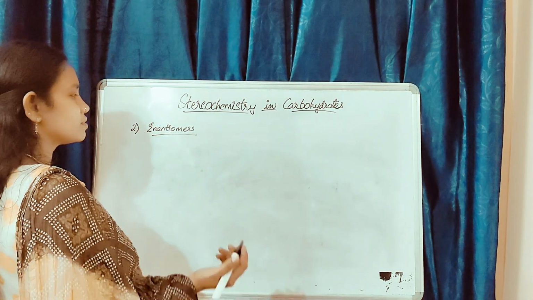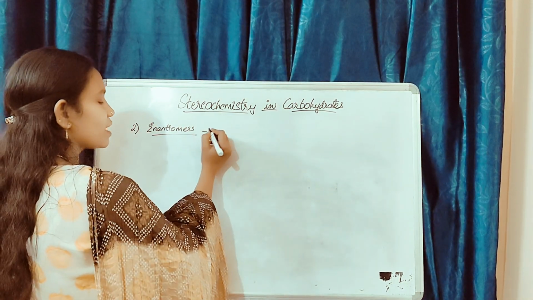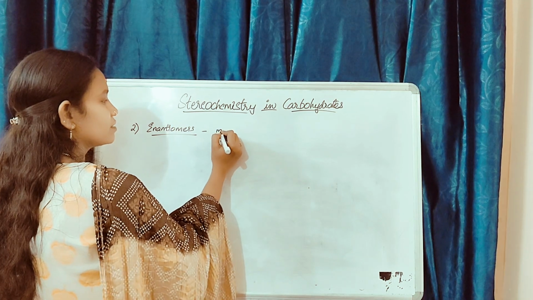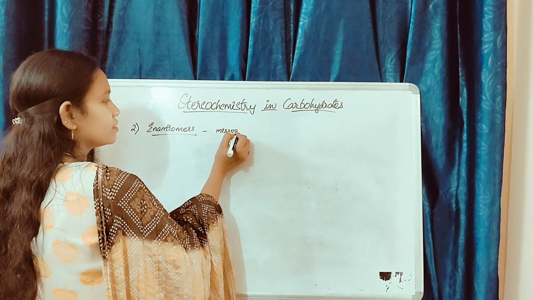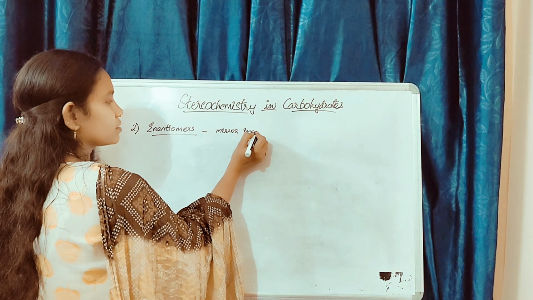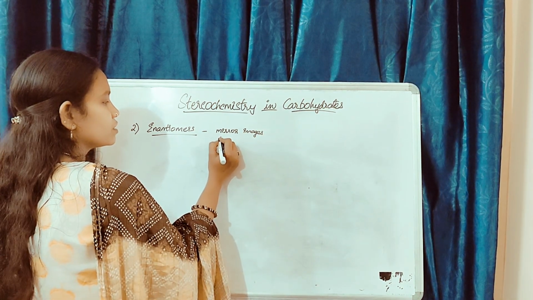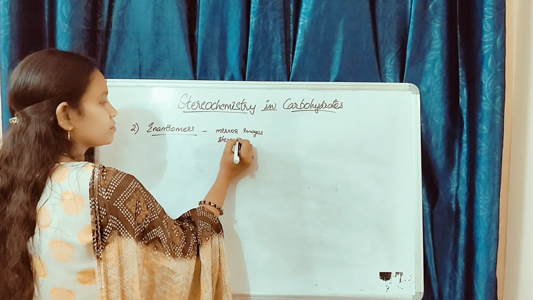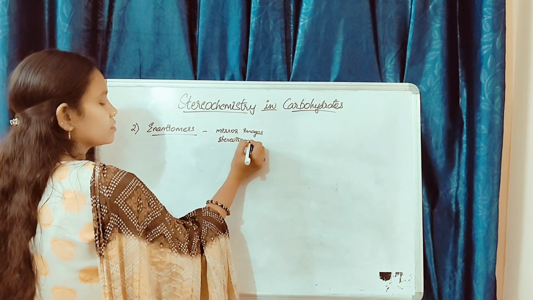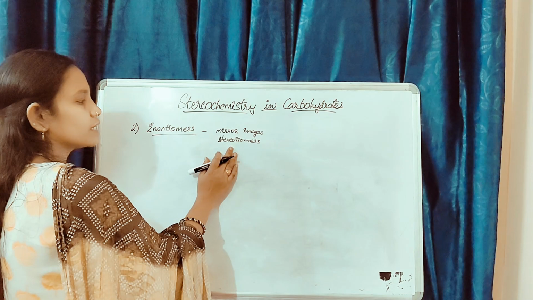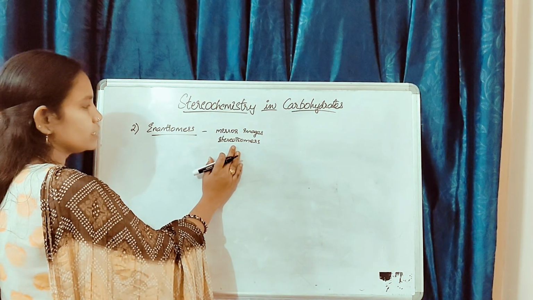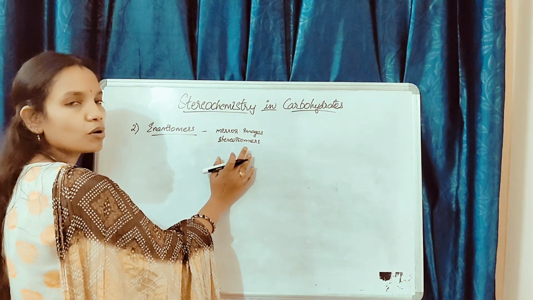Second term is enantiomers. What are enantiomers? This we have already studied in the previous class. These are mirror images, or mirror image stereoisomers. Means they cannot be superimposed on each other, means they cannot be placed on top of each other.